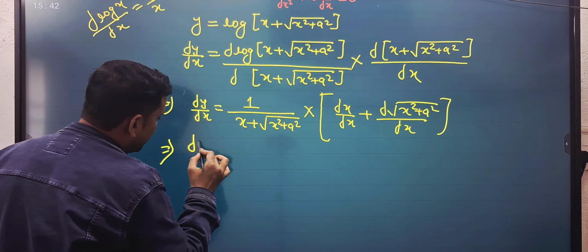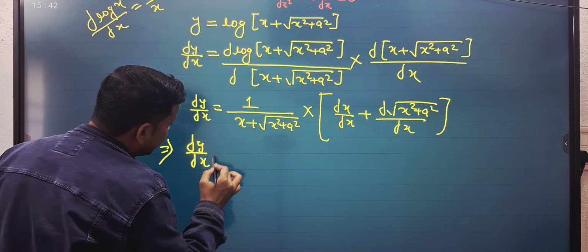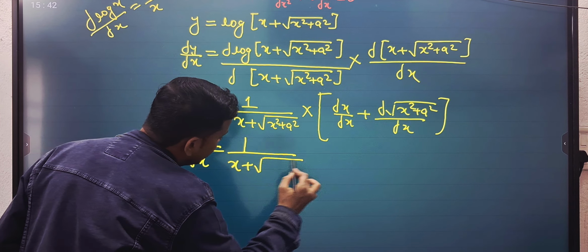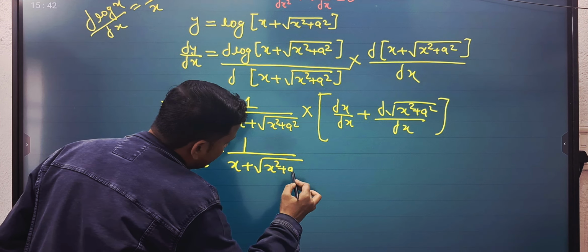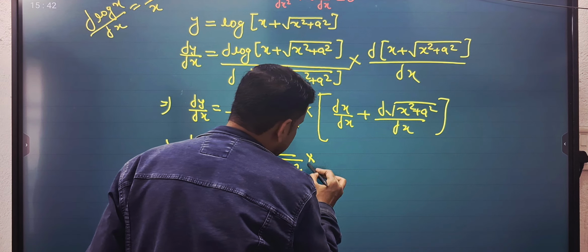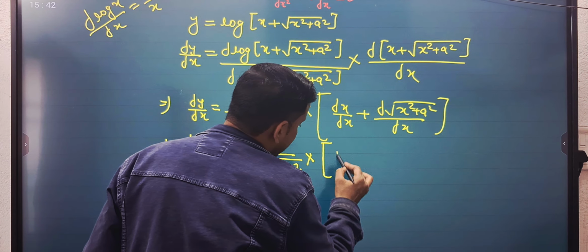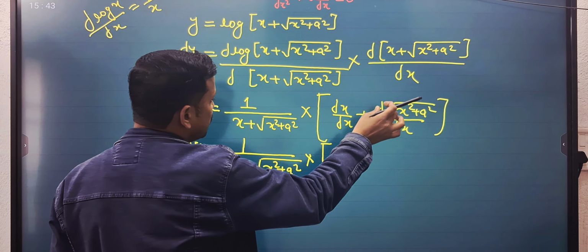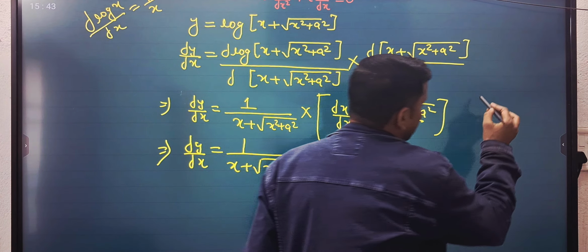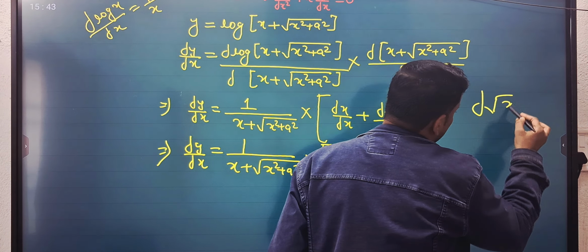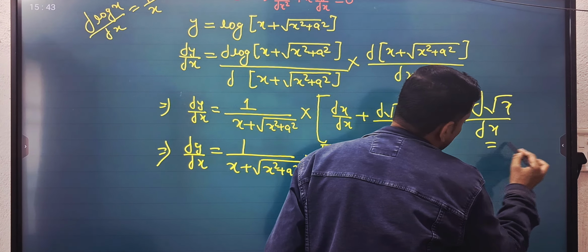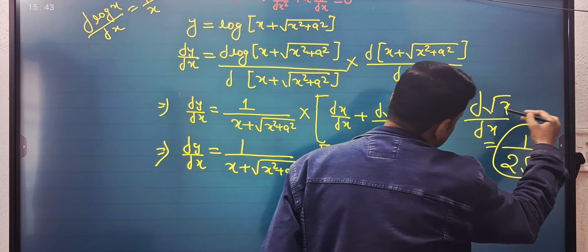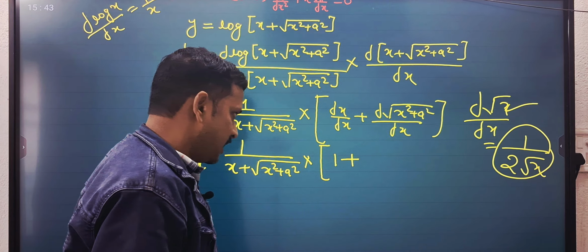The next term will be dy by dx equals 1 by x plus root under x square plus a square. Dx by dx is 1, and you know the differentiation of root x, d root x by dx, equals 1 by 2 root x.